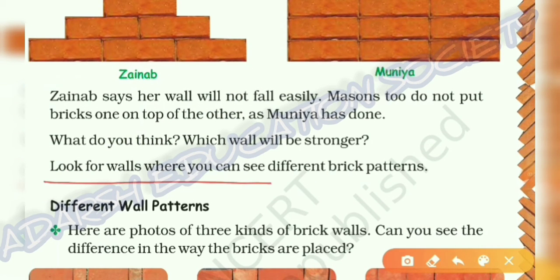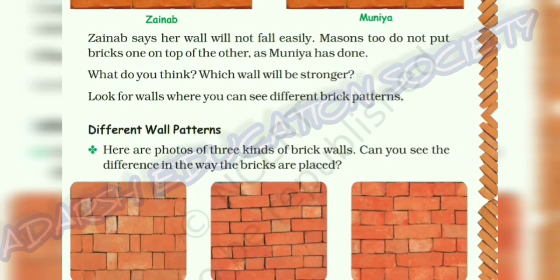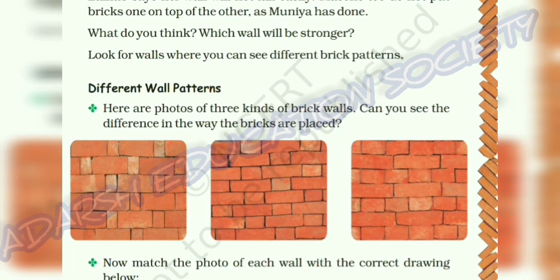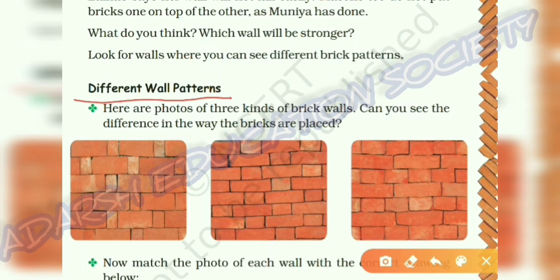Now next, look for walls where you can see different brick patterns. Here we have to look for the walls where we can see different brick patterns. Now next, different wall patterns.